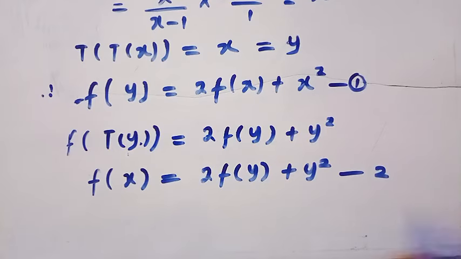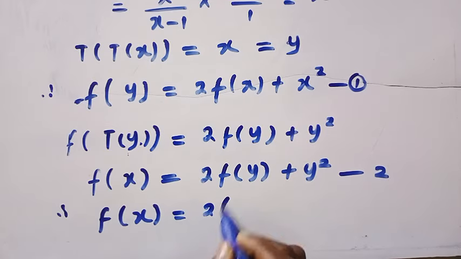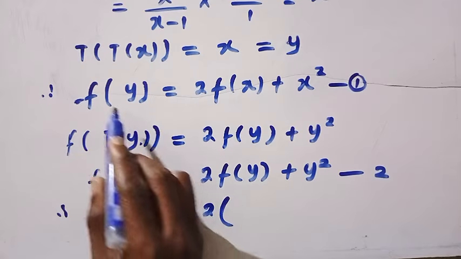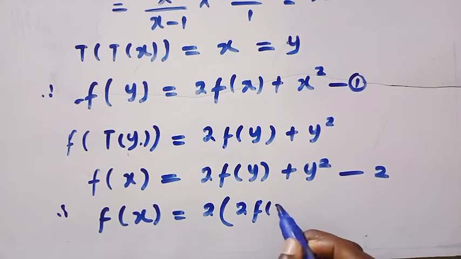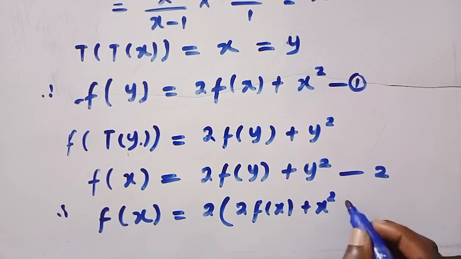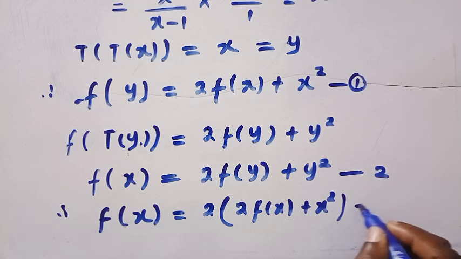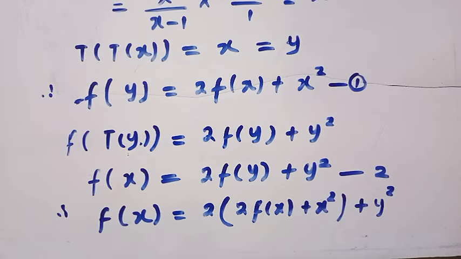By substitution, we have f of x equals 2 into bracket of f of y, which we write as 2 f of x plus x squared, all in bracket, plus y squared.